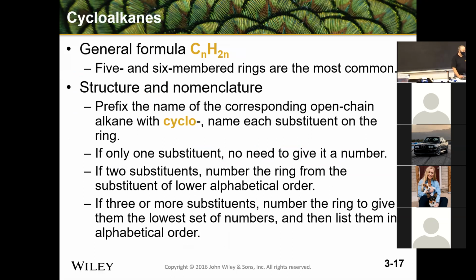We went over straight chain alkanes quite a bit last time, and then last week we did introduce cycloalkanes, so I'm going to go over cycloalkanes in more detail. Pentane and cyclopentane, for example, are not isomers.